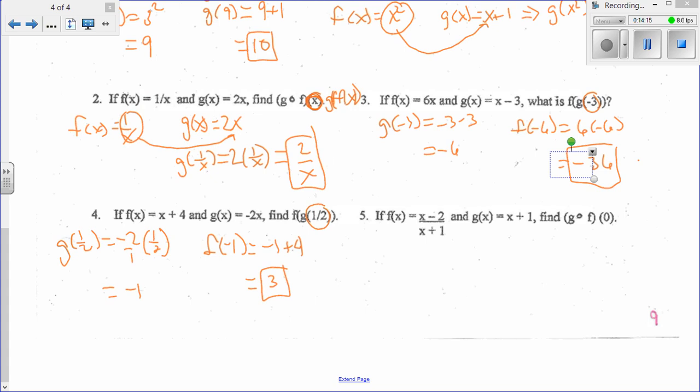For number 5, if f of x is equal to x minus 2 over x plus 1 and g of x is equal to x plus 1, find g of f of 0. So g of f of 0. So I'm going to take 0 and put it into f first.